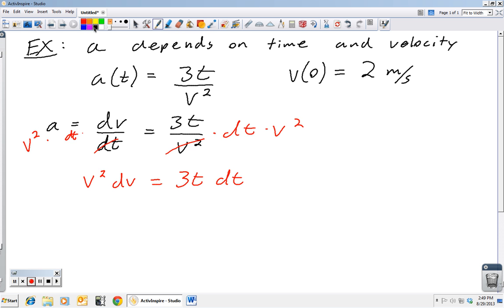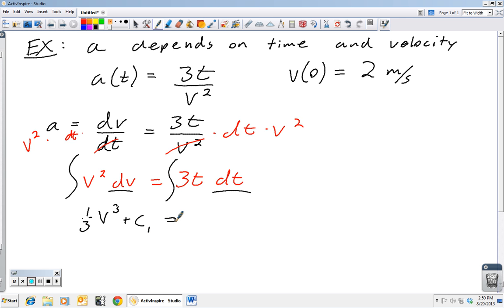Okay, so now to get rid of the dv and the dt, we're going to integrate both sides. On the left side, we are integrating with respect to the velocity. On the right side, we are integrating with respect to the time. So the integral of v squared is going to be 1/3 v cubed plus, let's call it c1.